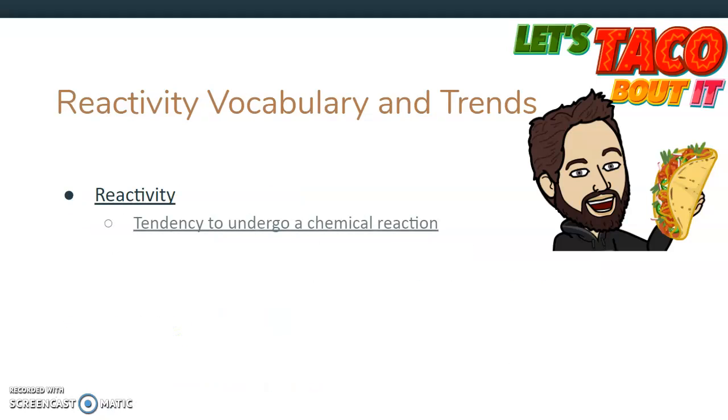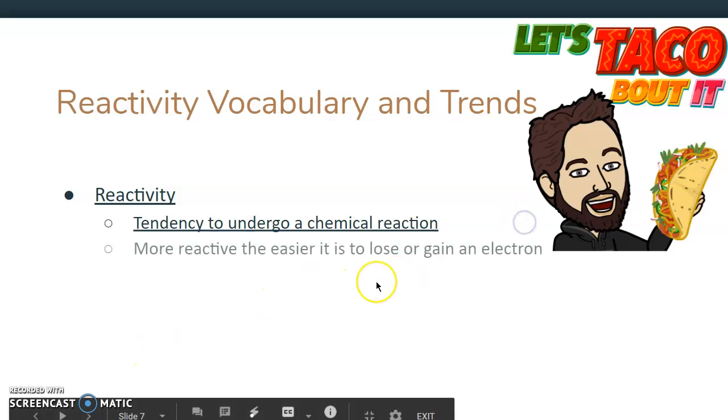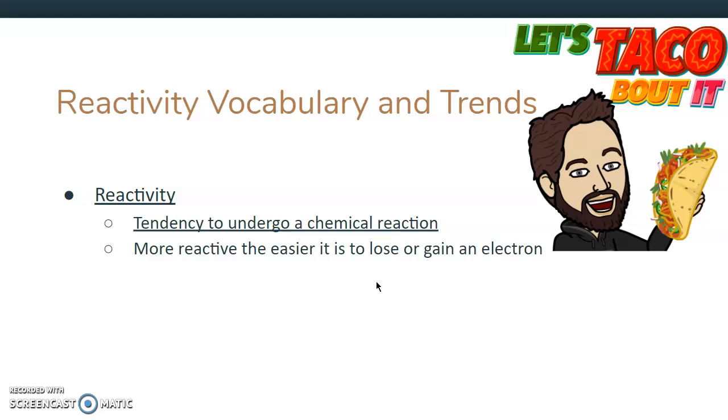So our reactivity is our tendency to undergo a chemical reaction. So if something is very reactive, it will very easily undergo a chemical reaction, and vice versa. If something is not reactive, it will take a lot for it to undergo a chemical reaction. So the more reactive, the easier it is to gain or to lose an electron or electrons.